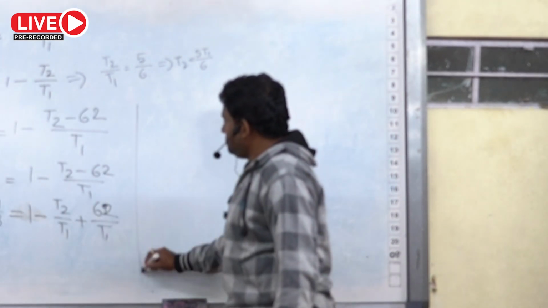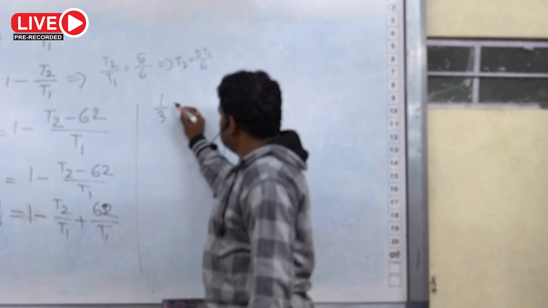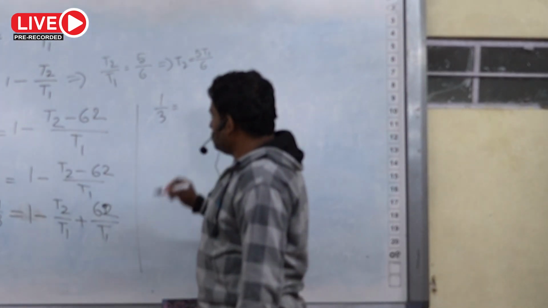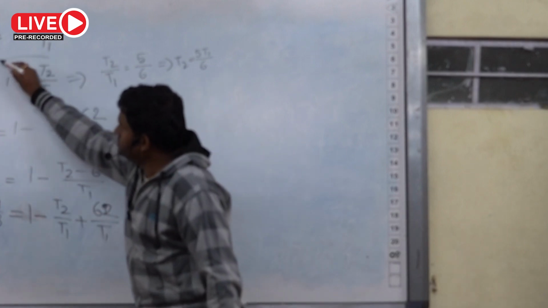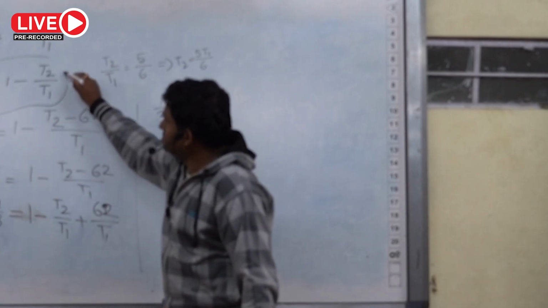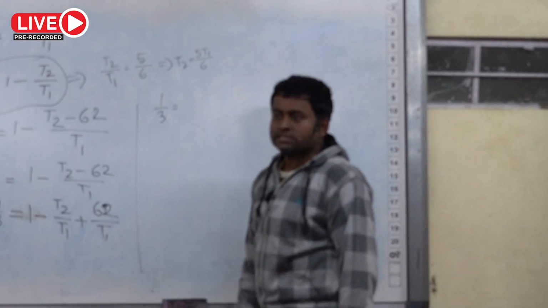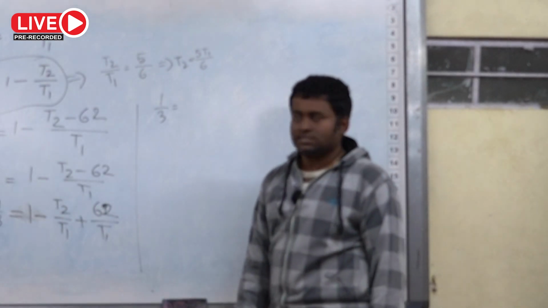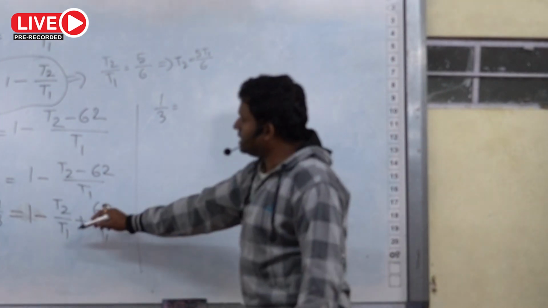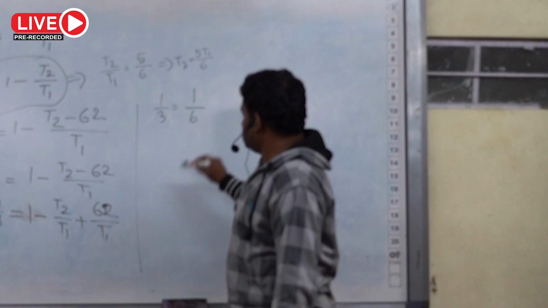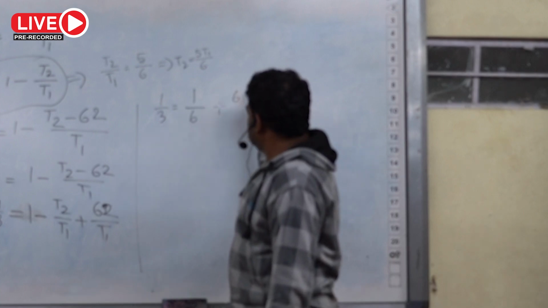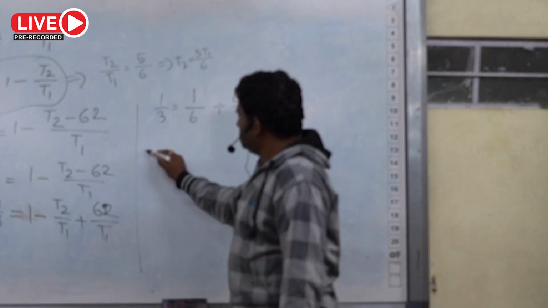Then 1 by 3 equal to 1 minus T2 by T1. I already have the value, that is 1 by 6. So no need to calculate that, I can directly substitute this value. That is 1 by 6 plus 62 by T1.